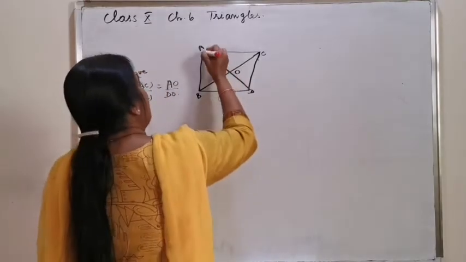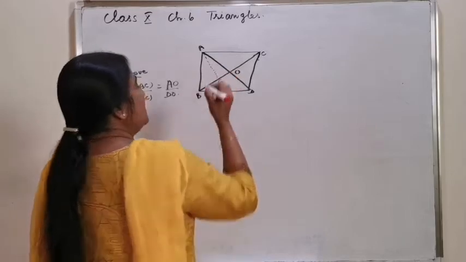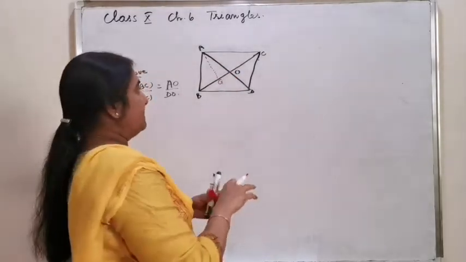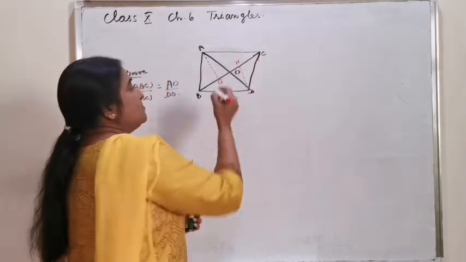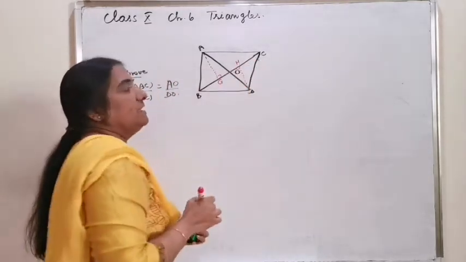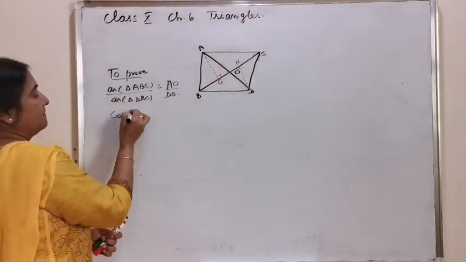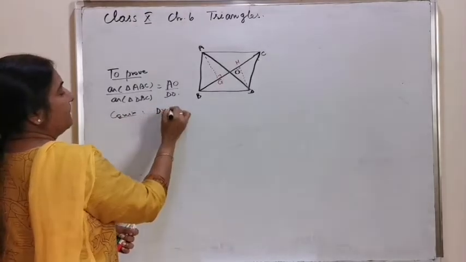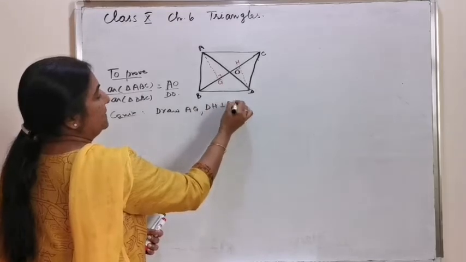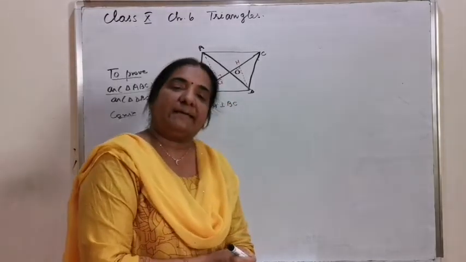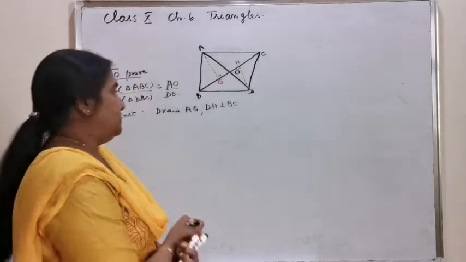Let's draw the altitudes AG for triangle ABC and DH for triangle DBC. So the construction is: draw AG and DH perpendicular to BC.